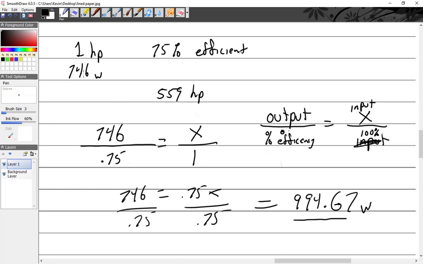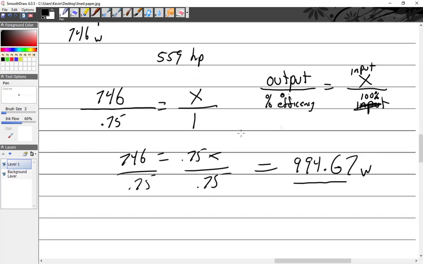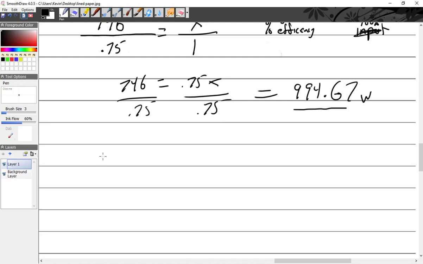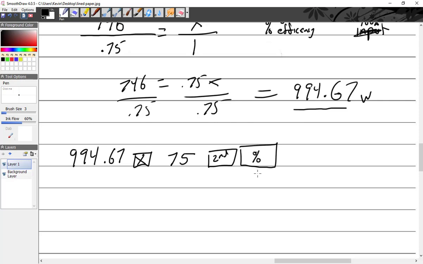So if you wanted to check this, I got all done and thought, well, let's check that. I have 994.67 in my calculator. Times 7.5, second function, percent, which is also the 2 key on I think on the calculators.